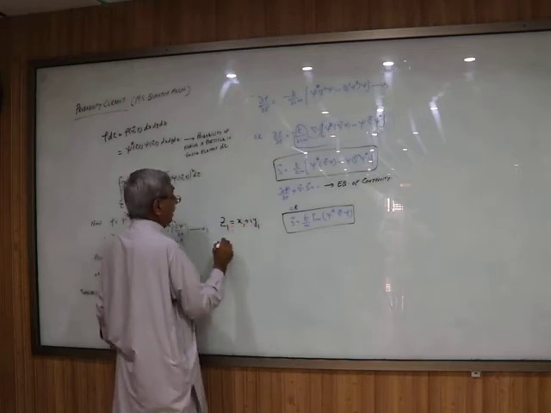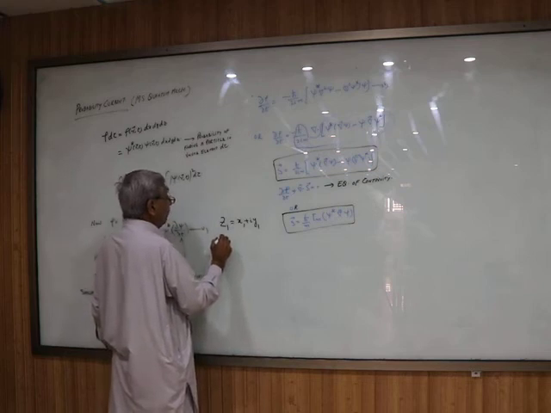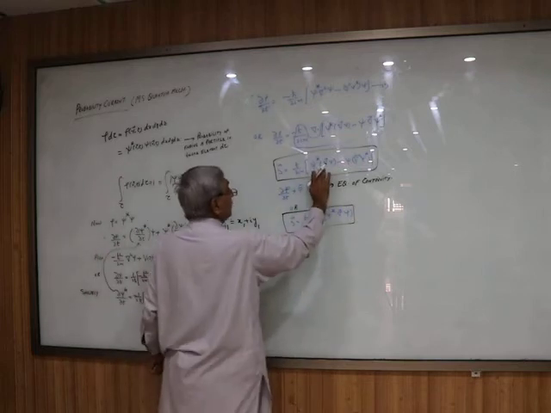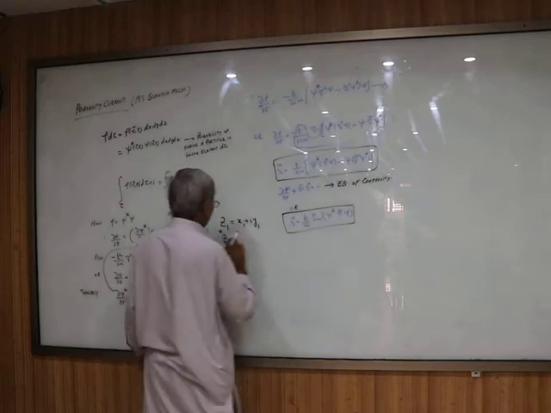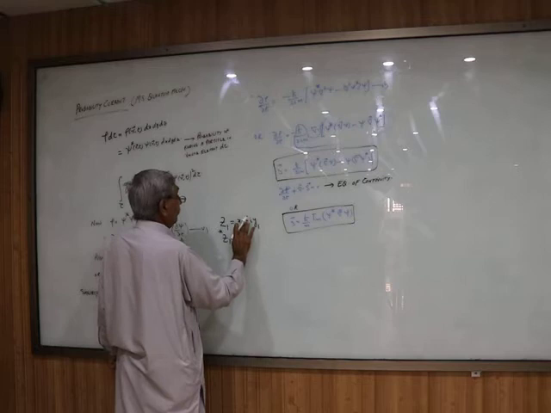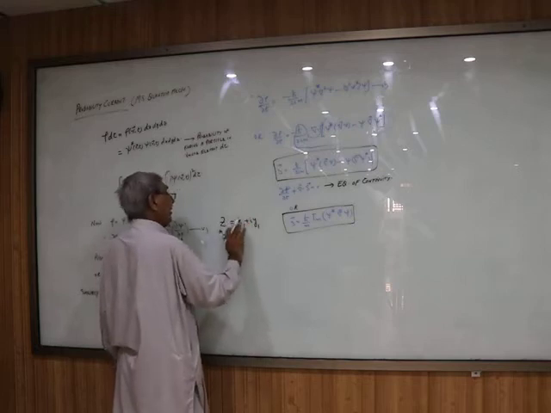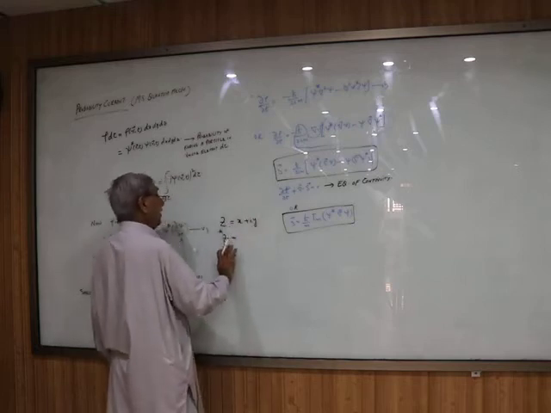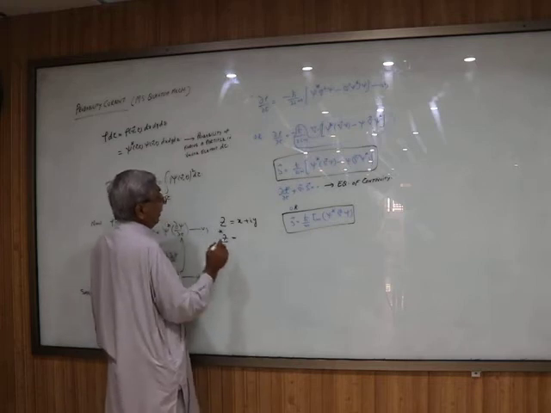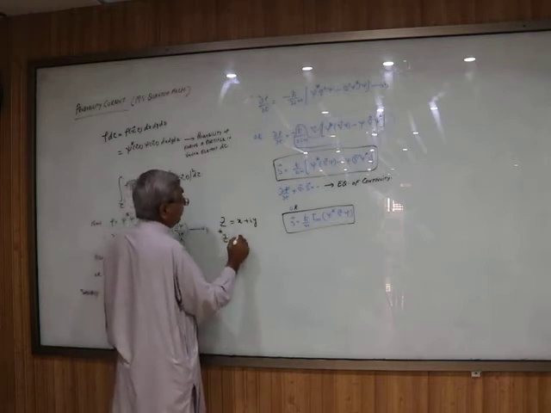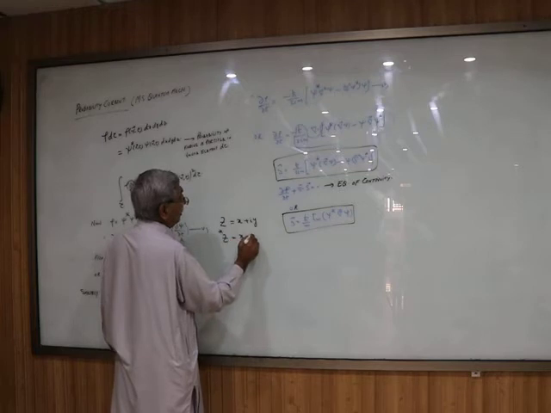Then you have its complex conjugate, so Z is equal to x plus iy, and Z star is x minus iy.